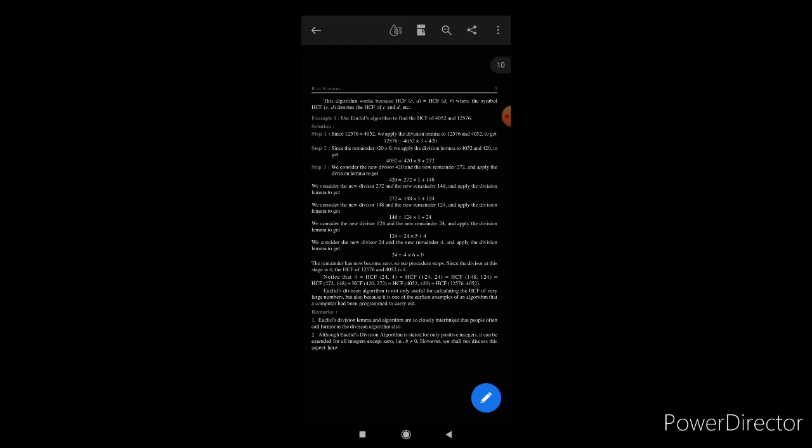Example 1. Use Euclid's division algorithm to find the HCF of 4052 and 12576. Solution. Since 12,576 is greater than 4,052, we apply the division lemma to 12,576 and 4,052 to get 12,576 is equal to 4,052 into 3 plus 420.